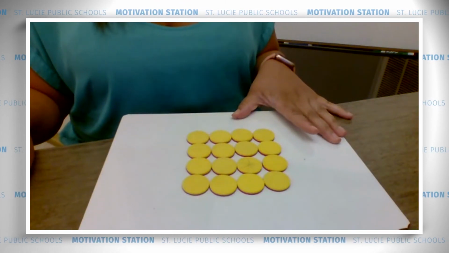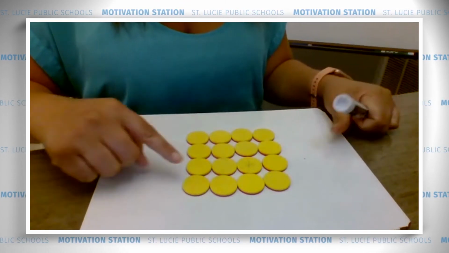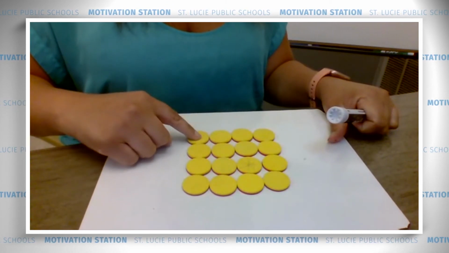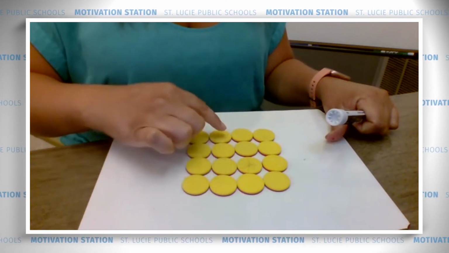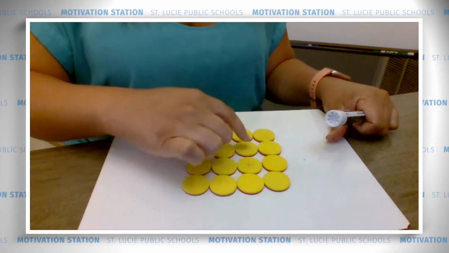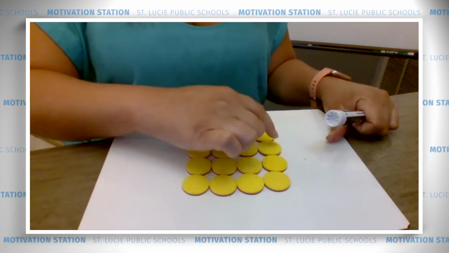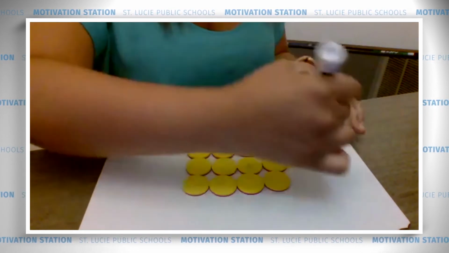We have our 2 strategies. We can count each individually, 1, 2, 3, 4, 5, 6, 7, 8, 9, 10, 11, 12, 13, 14, 15, 16.